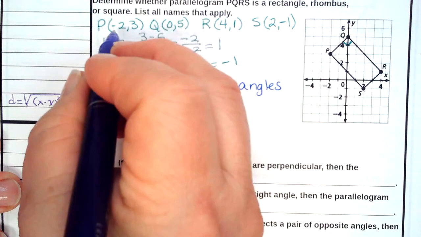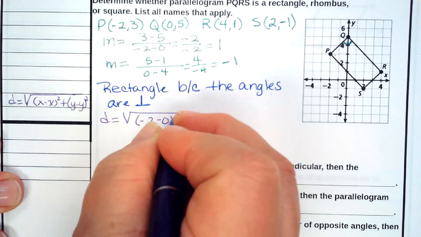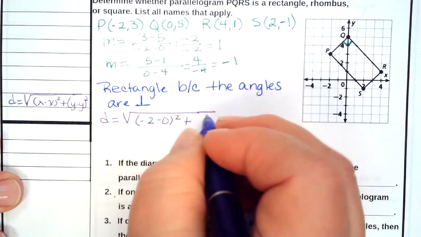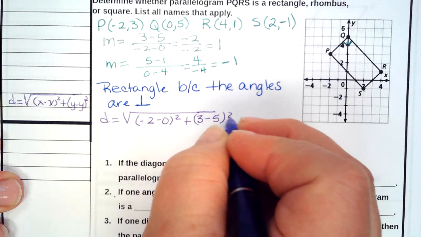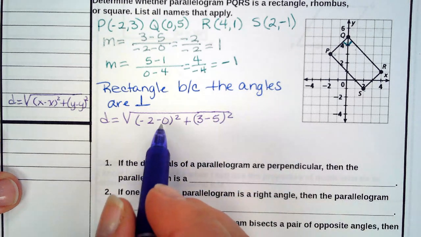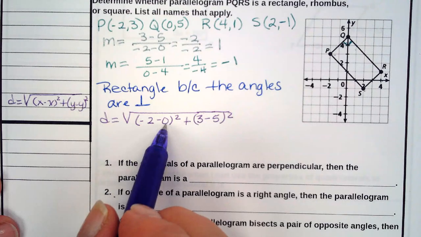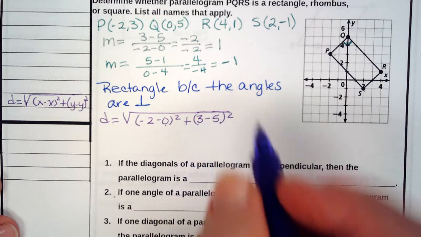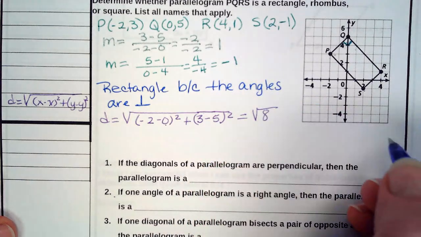Okay, so -2 minus 0 quantity squared plus 3 minus 5 quantity squared. So this is going to be -2 squared is 4, -2 squared is 4. So this is the square root of 8. Do you remember how to simplify?